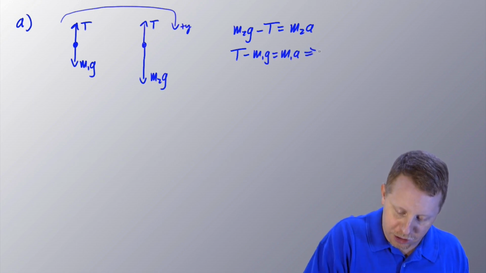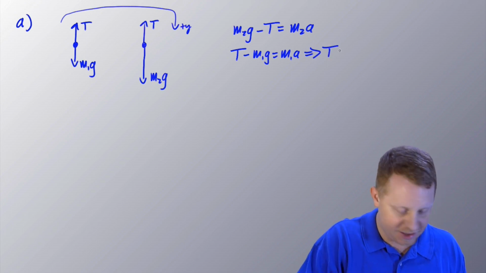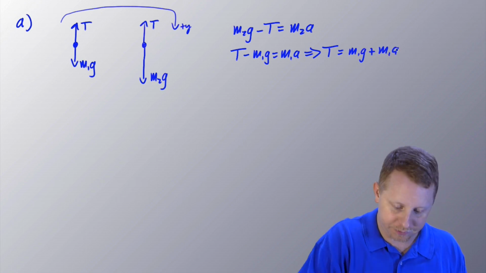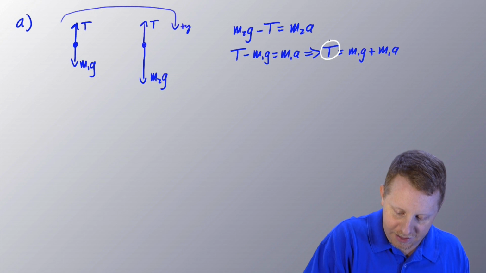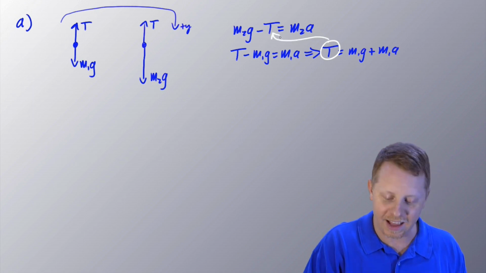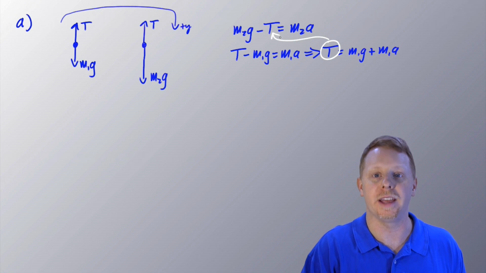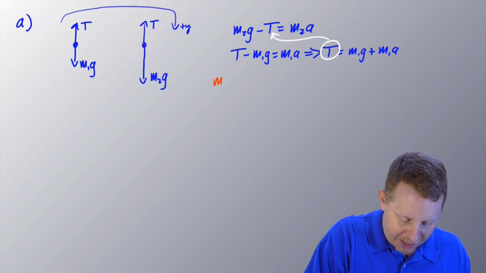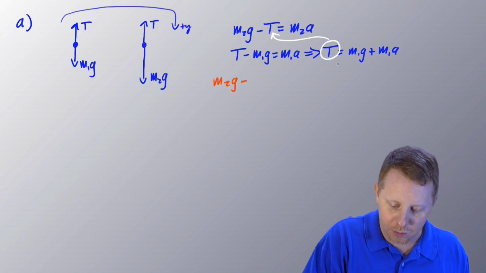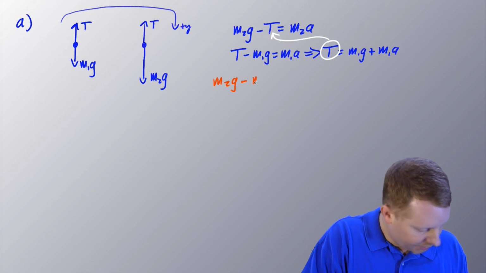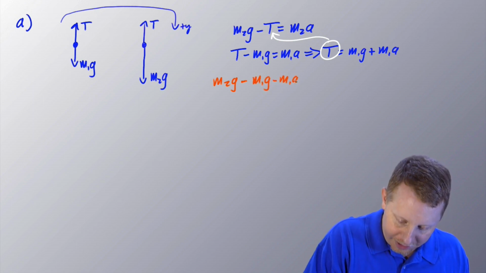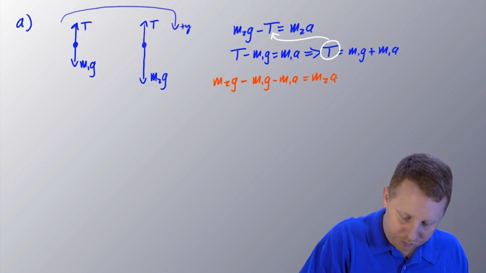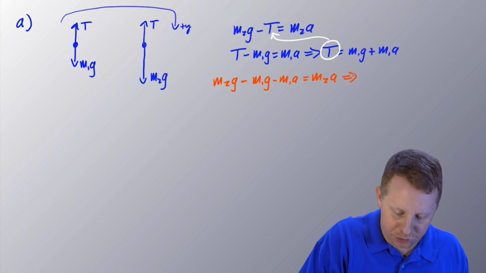With just a little bit of rearrangement, I can write that T is equal to M1G plus M1A. I can now take this T and substitute into that equation to get an equation where we don't have to worry about the tension anymore. So when I put that together, I come up with M2G minus what I have over here for T, M1G minus M1A, equal to M2A. And again, a little bit more algebra here.